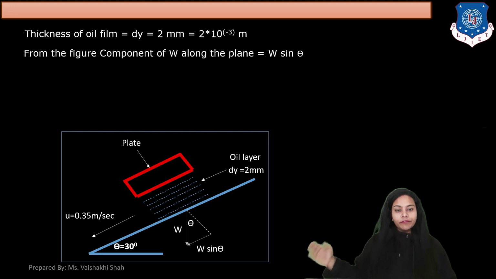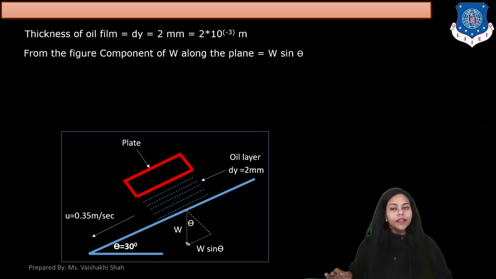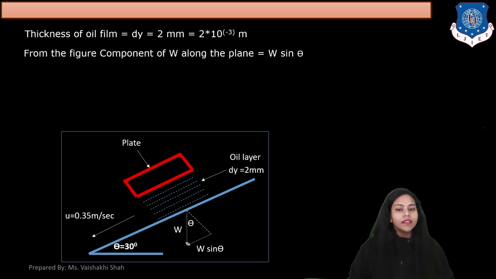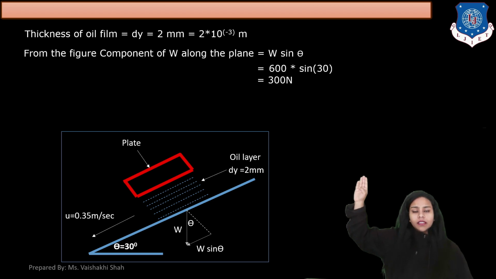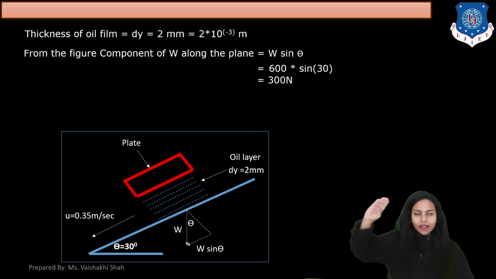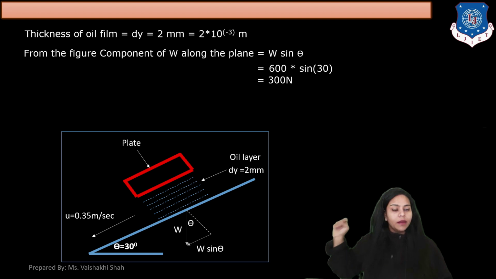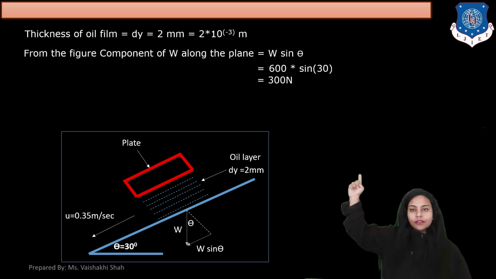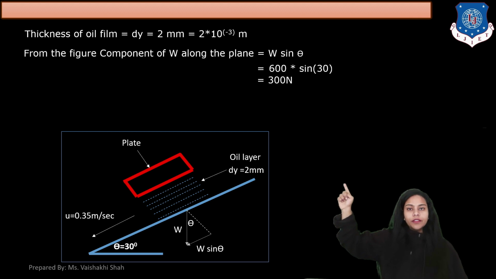From the figure, the component which helps the plate move downward, acting along the plane, is only W sin theta. Here, weight W is 600 and theta is 30 degree, so the answer is 300 Newton.